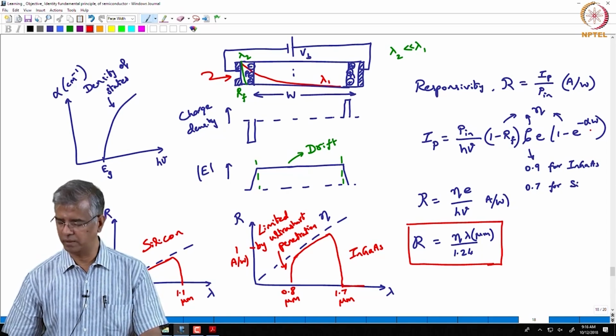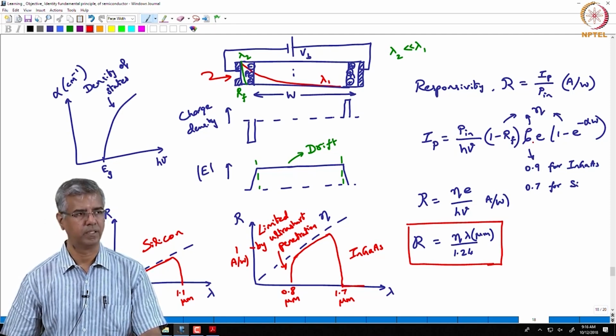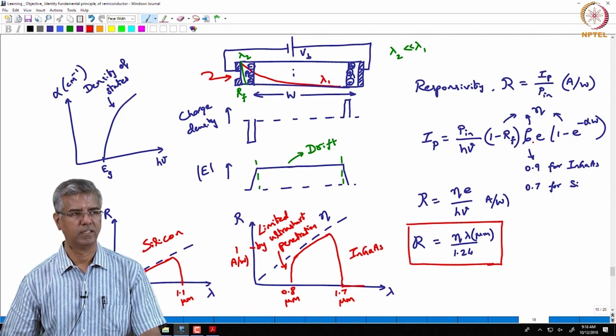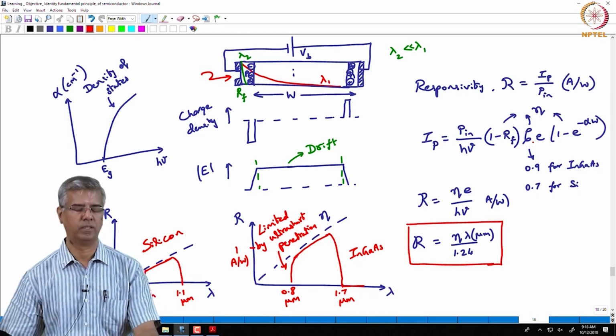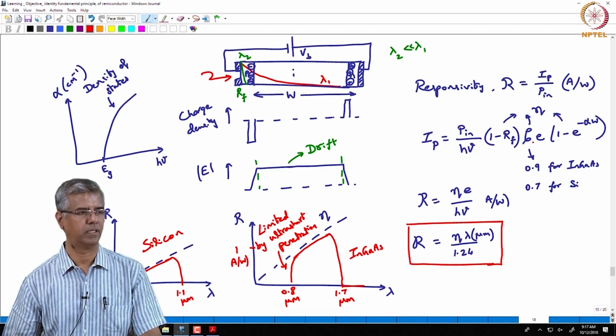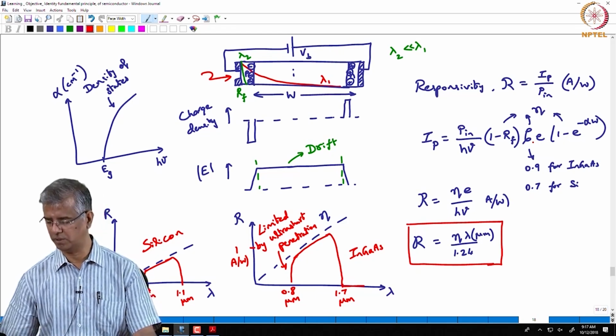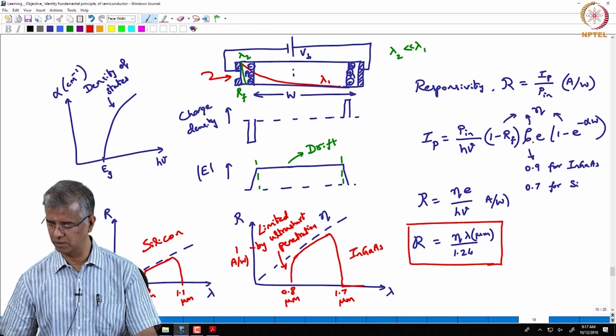So, the real quantum quantity is this zeta, right. What does zeta correspond to? That defines the fraction of electron hole pairs generated for photons that are coming into the photodiode. That is the conversion that determines the conversion efficiency.